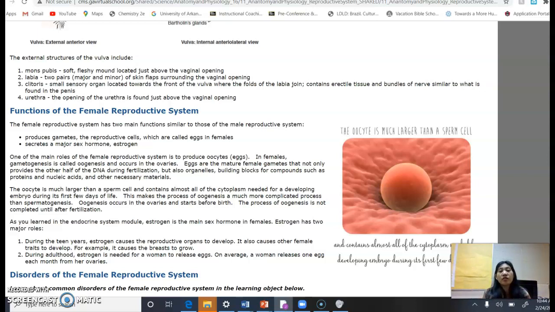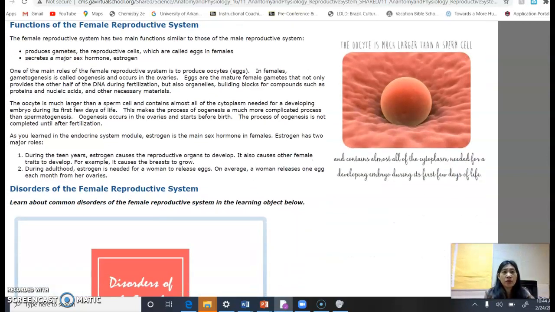And number two, in adulthood, estrogen is needed for a woman to release eggs. On average, a woman releases only one egg each month from her ovaries. That is the reason why a woman has the menstrual cycle, or menstruation, or periods.